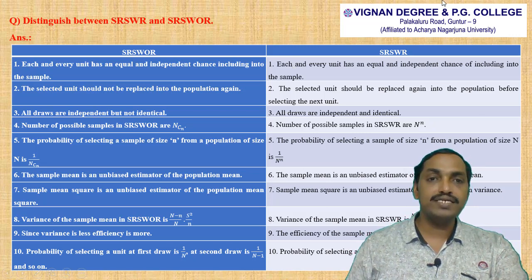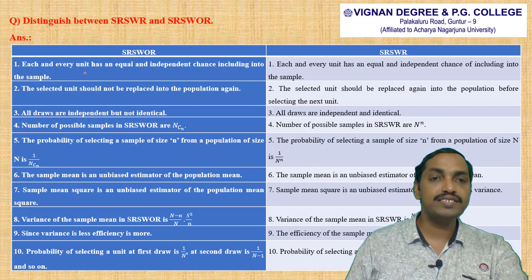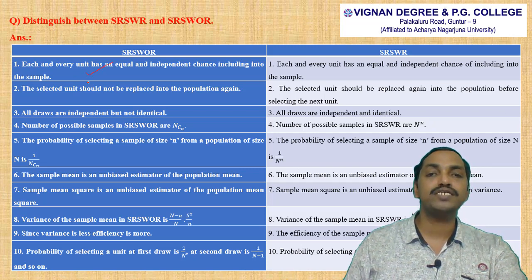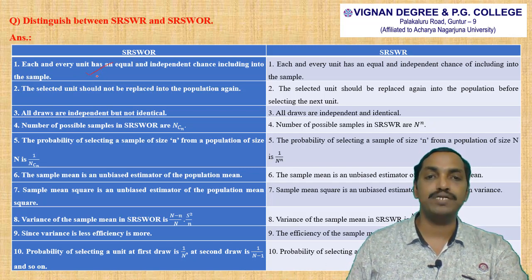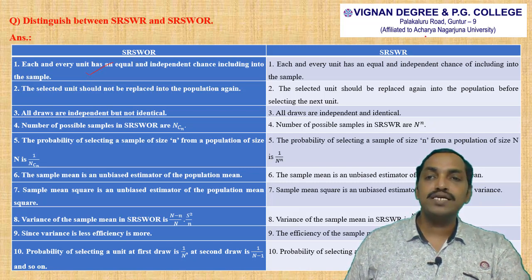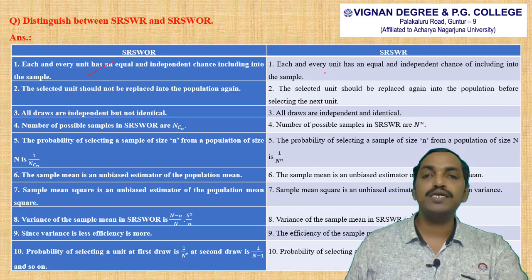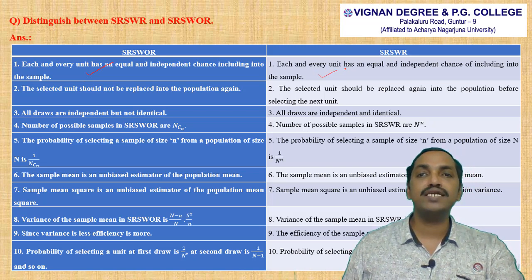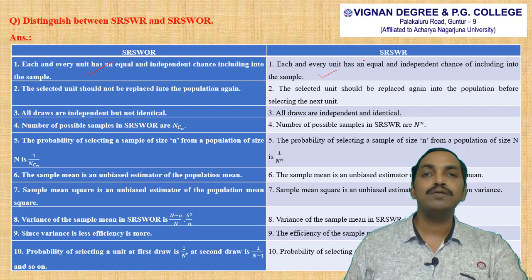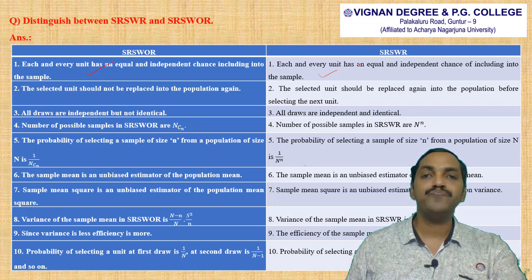The first one is, in simple random sampling without replacement, each and every unit has an equal and independent chance of being included into the sample. Whereas in simple random sampling with replacement, each and every unit has an equal and independent chance of being included into the sample.